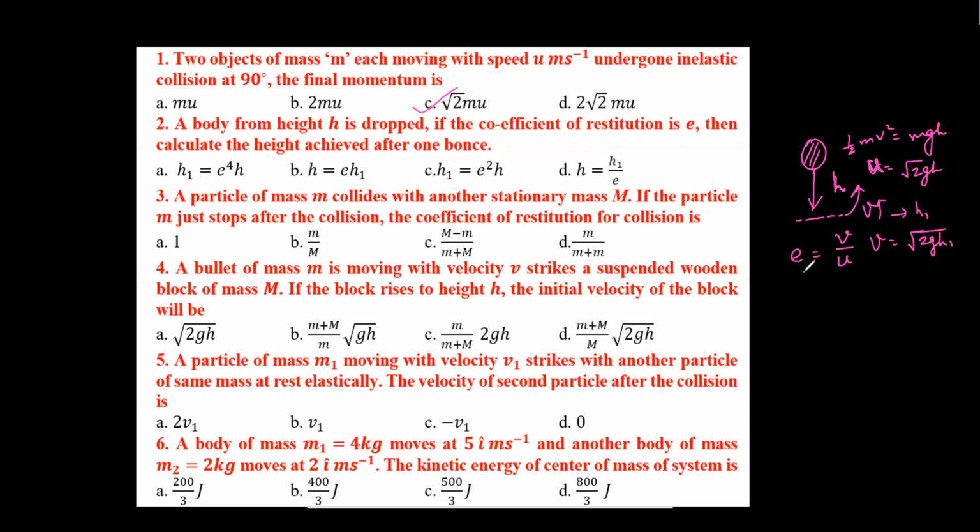From the definition of restitution, e equals root 2g h1 divided by root 2gh. If we cancel out, then e equals root of h1 by h. So the height reached in the first bounce is h1 equals h times e square. So the correct answer is h1 equals e square h.